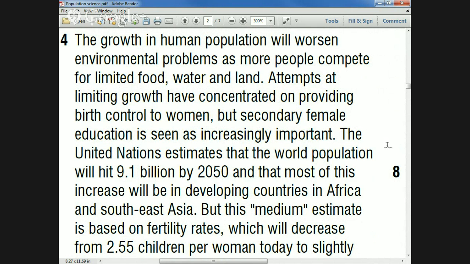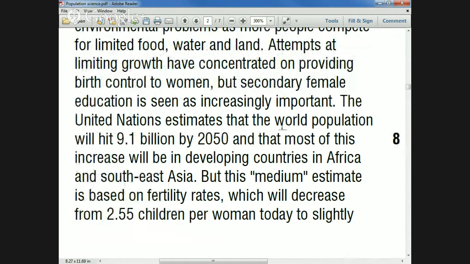The United Nations estimates that the world population will hit 9.1 billion by 2050, and that most of this increase will be in developing countries in Africa and Southeast Asia.